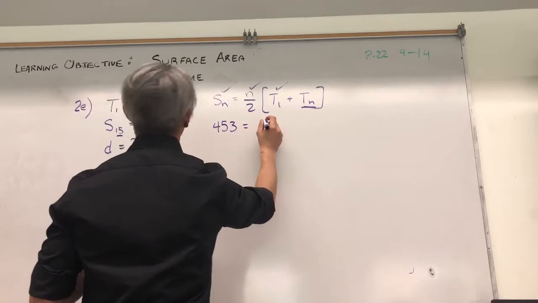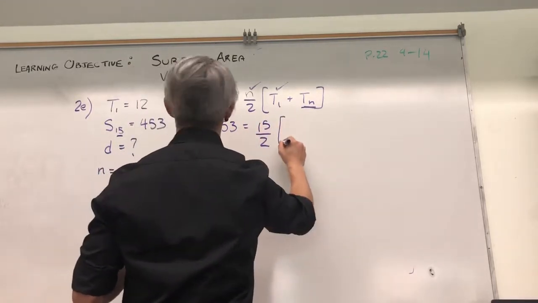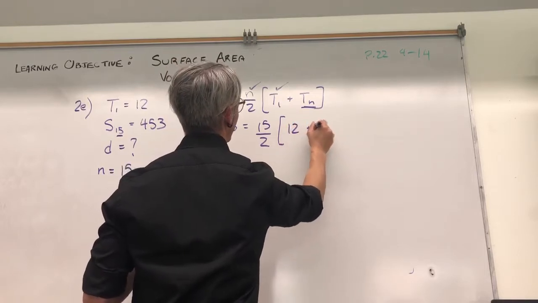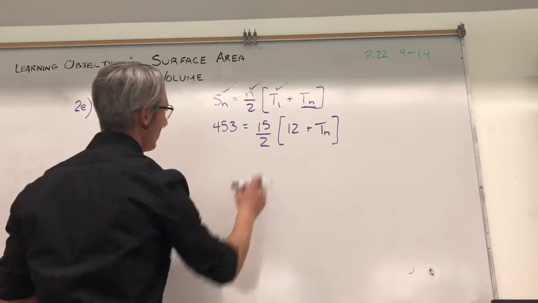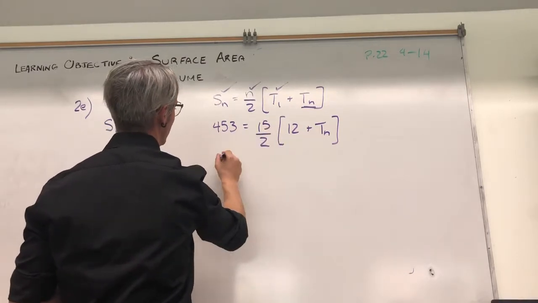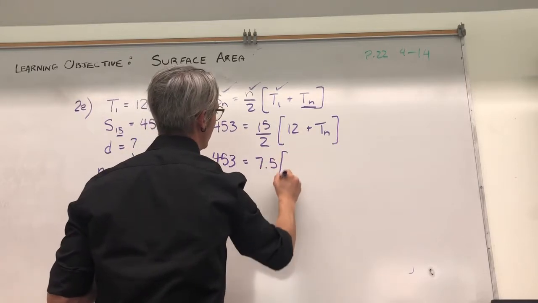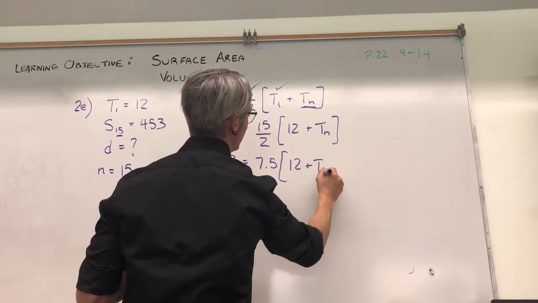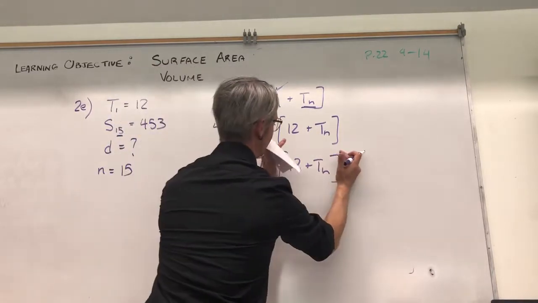Well, let's plug stuff in. 453 is equal to 15 divided by 2, (12 plus tn). This is 7.5. Well, let's rewrite it: 453 is equal to 7.5 (12 plus tn). Now, I can't play around with this because this is a family.